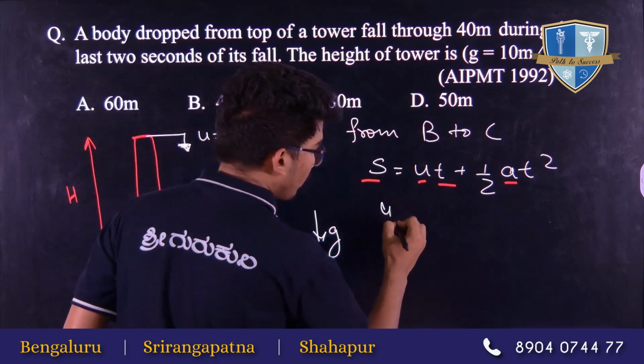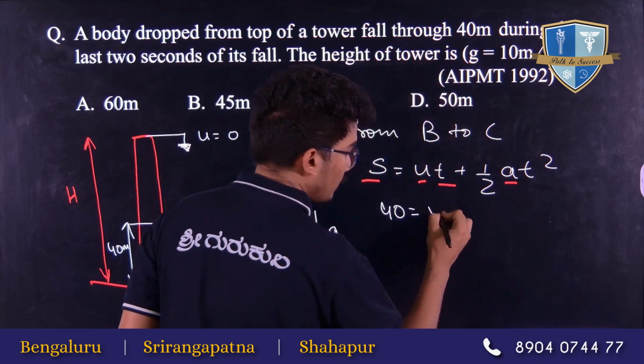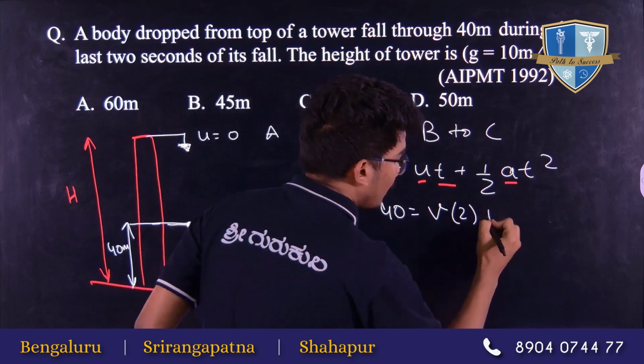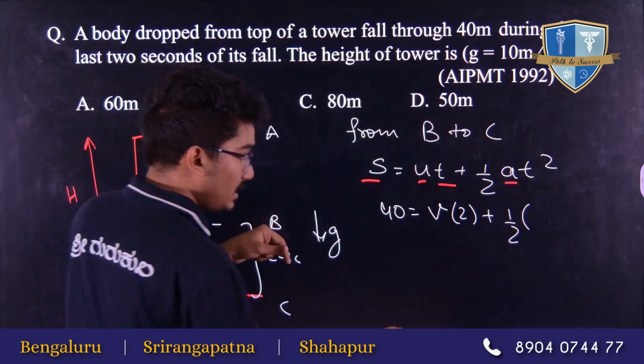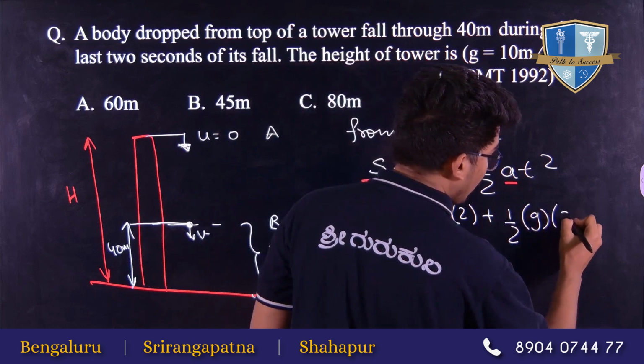So S is equals to 40 is equals to initial velocity we assumed as v, so v into time taken 2 seconds, plus half into acceleration g, and t square means 2 square.